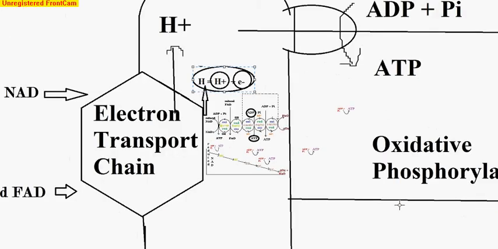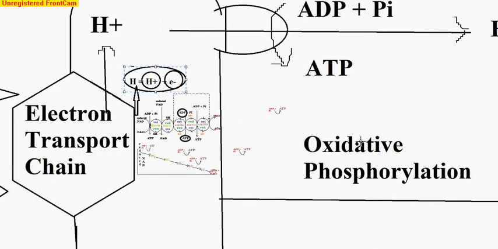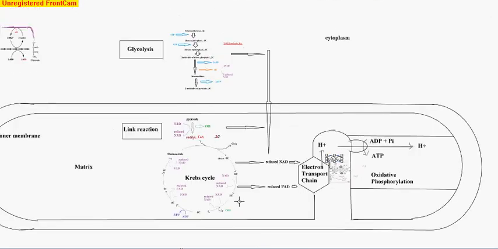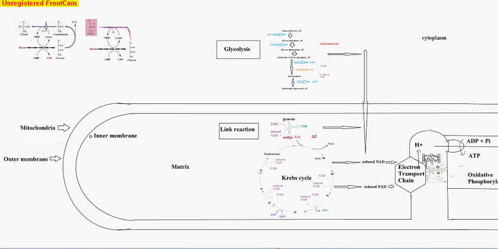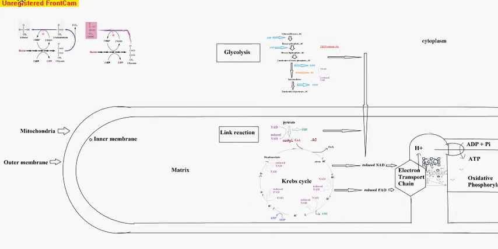And oxidative phosphorylation simply means there is phosphorylation, the formation of ATP, and oxidation means there is oxygen reacting with hydrogen to form water. So this part is clear, hopefully. And then the last part is the anaerobic part.